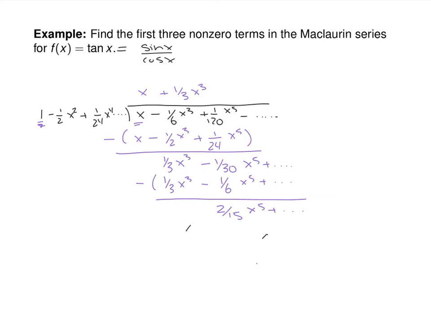And you say, okay, what does 1 multiply to make it match 2/15? Well, the answer is 2/15. Minus stuff, take it away, and you're done. You have the first 3 non-zero terms.